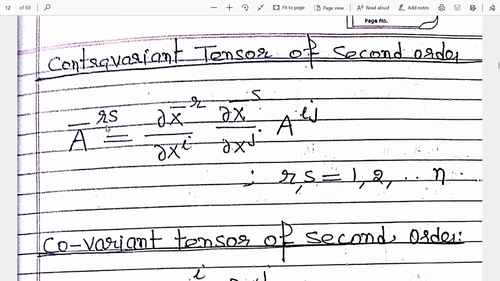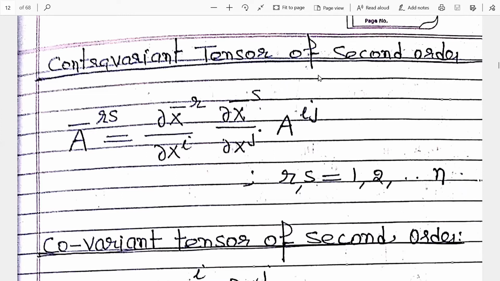Now it is contravariant, so its variable is on this side, and these variables are at the lower part and that is in the upper part. Now A bar RS means curly x bar R over curly xi, curly x bar S over curly xj into A ij, where R, S are running from 1 to n.